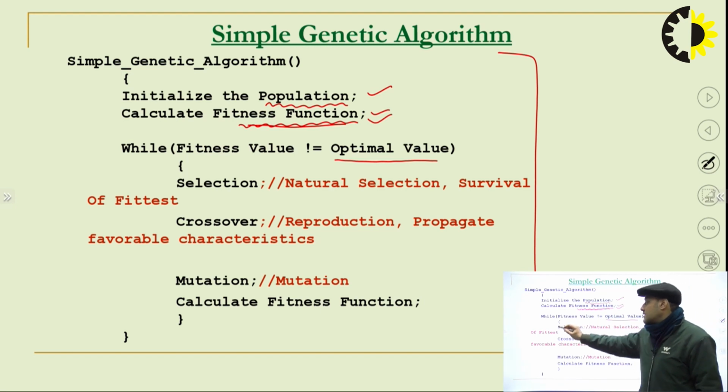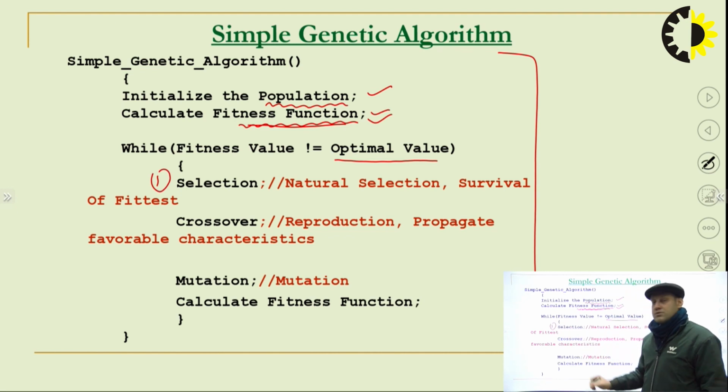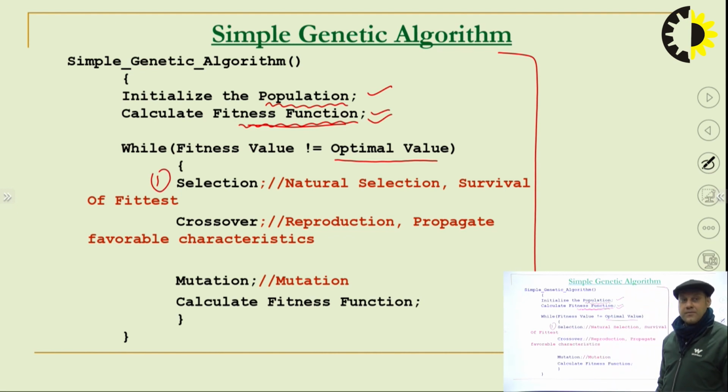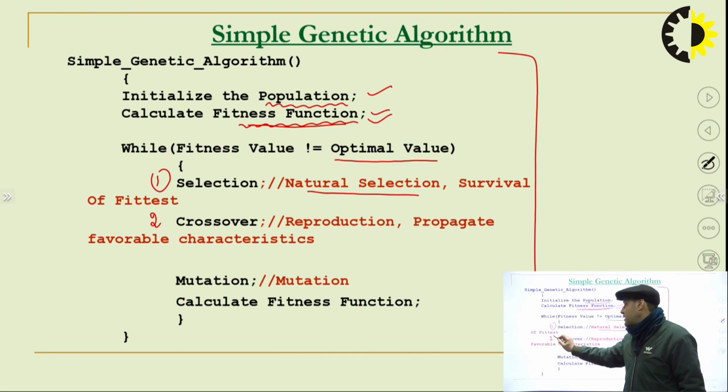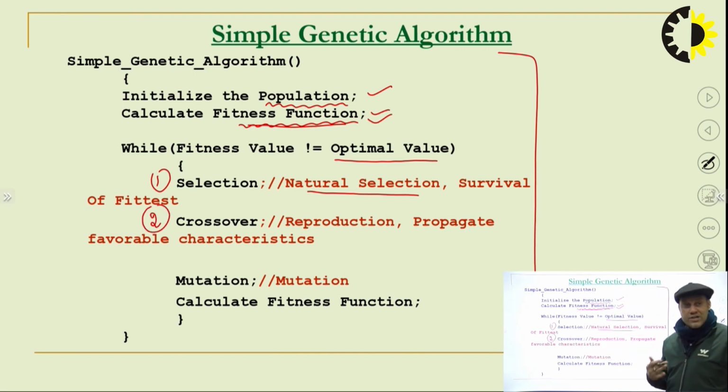Number one, we will use selection on the basis of natural selection, survival of the fittest. Whosoever is able to survive will be selected. Then secondly, new species will be reproduced. Reproduction will be done with the help of crossover.